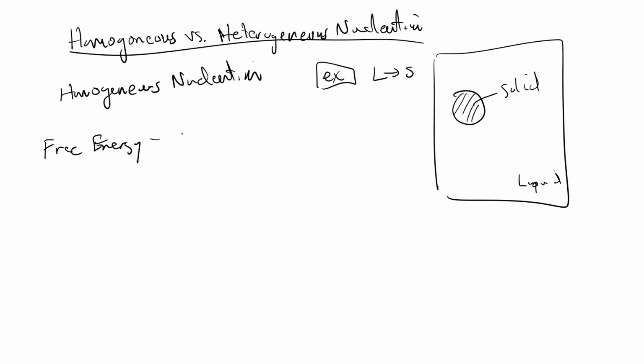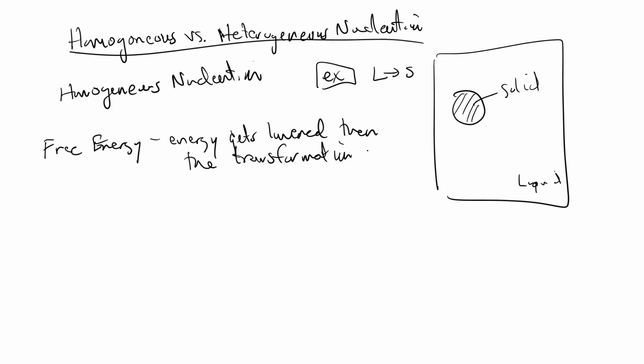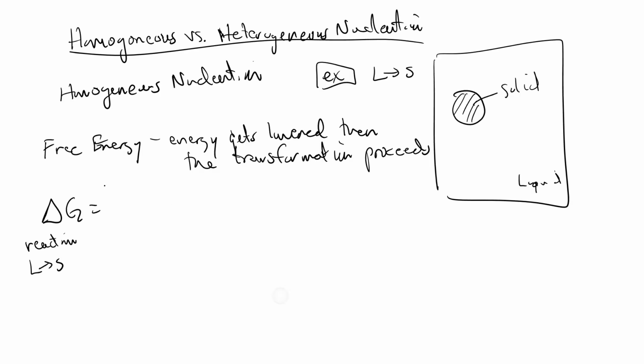And if the energy gets lowered, then the transformation proceeds. Well, so what does this mean? So we're going to write this delta G for the reaction of going liquid to solid. If this tends to go down, then this can proceed.